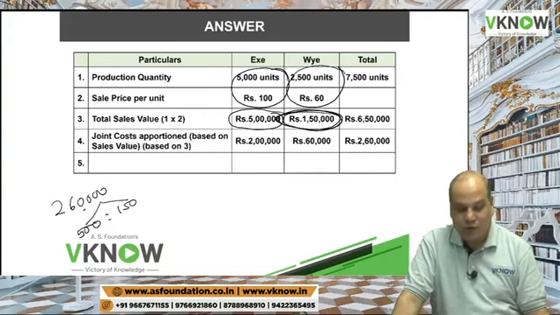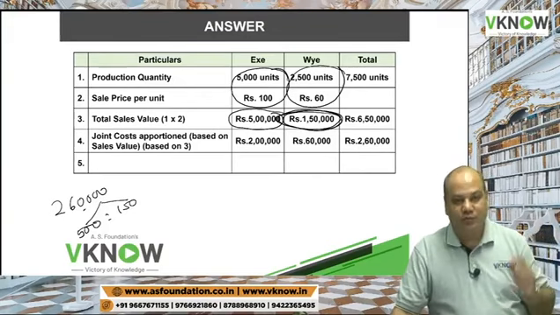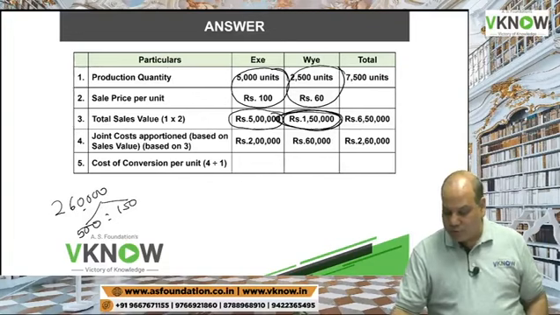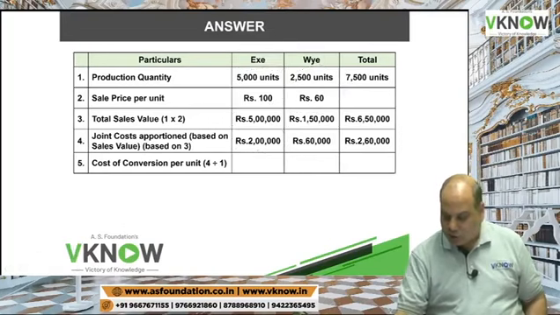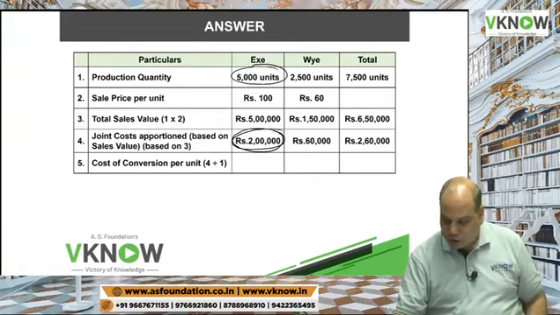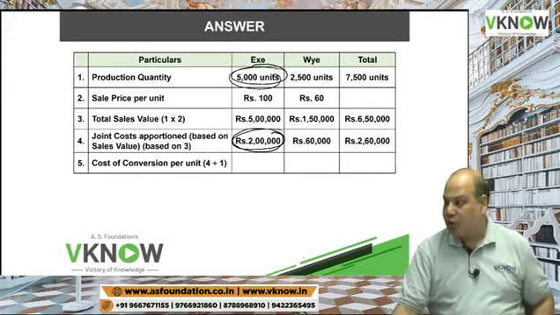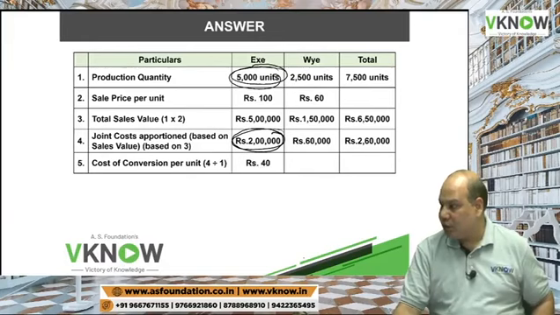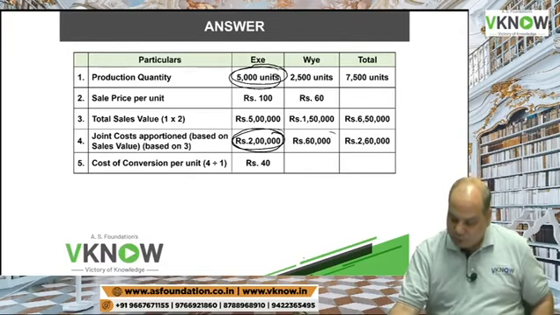You are right. Now my question is, what will be the cost per unit? You have total cost 2 lakh rupees. Divide by quantity. 2 lakh divided by 5,000 is how much? 40 rupees per unit.